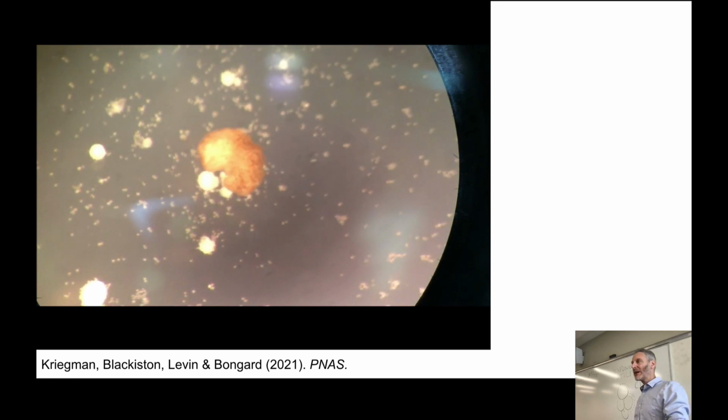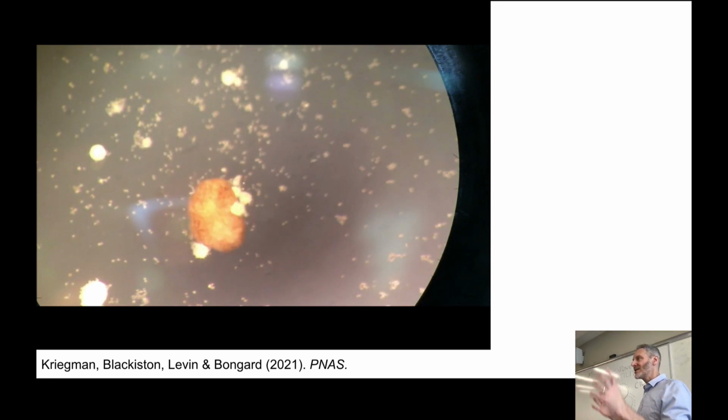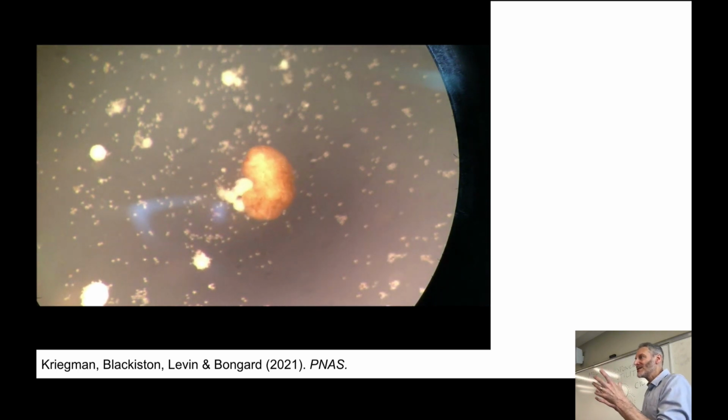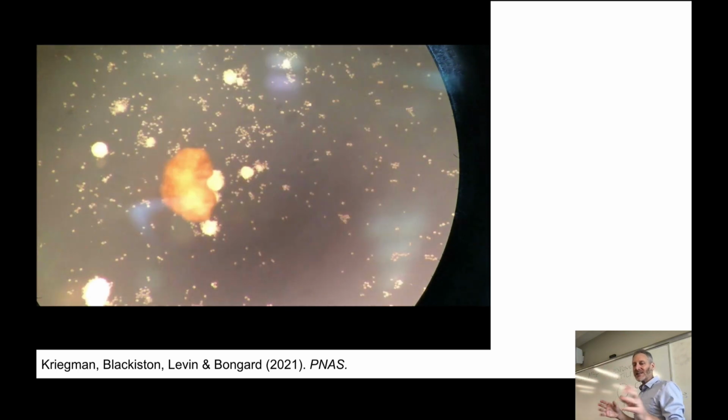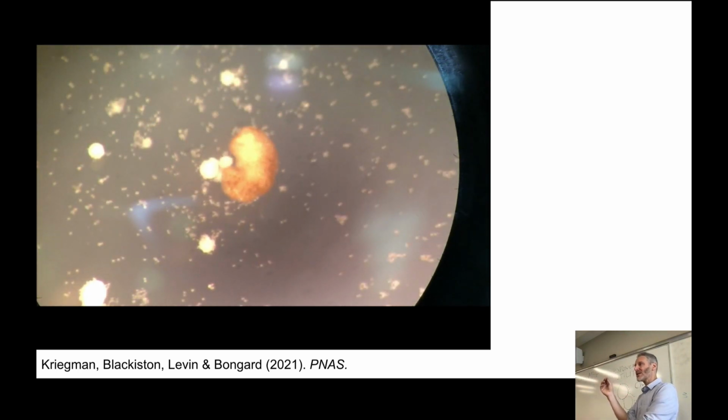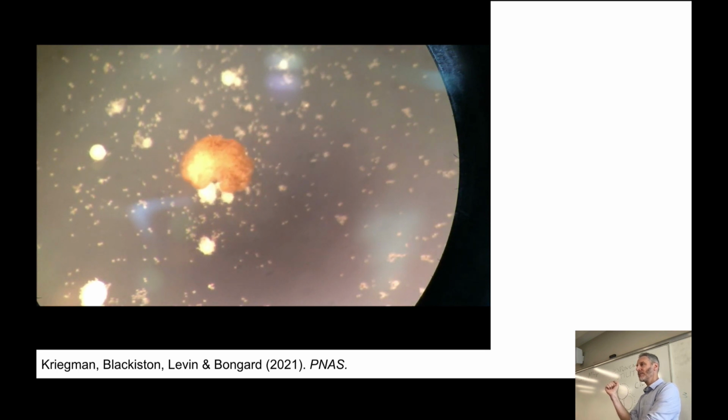It turns out that it's relatively easy for these dissociated cells to be pushed up into these balls. At this stage, these frog skin cells are themselves very sticky.